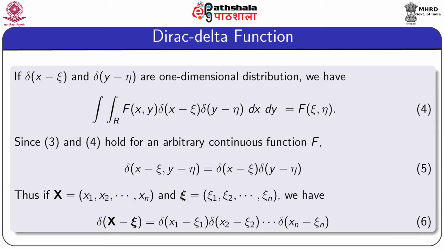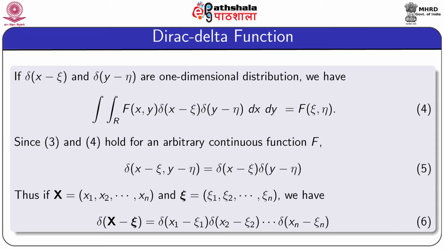If we see results 3 and 4, we can conclude that delta(x minus xi, y minus eta) is equal to delta(x minus xi) times delta(y minus eta). So, in equation 5, we have shown that the Dirac-delta function in dimension 2 can be written as a product of Dirac-delta functions in one dimension.